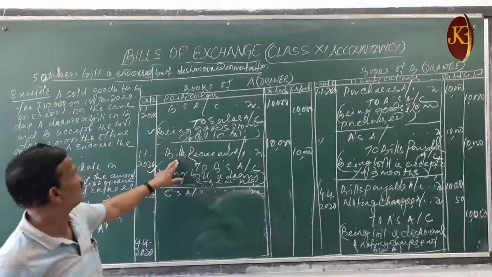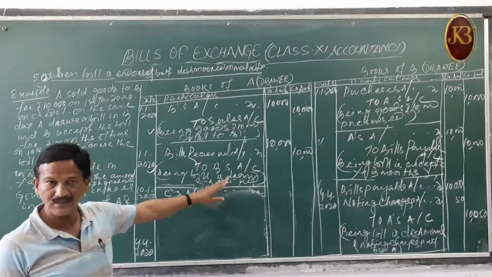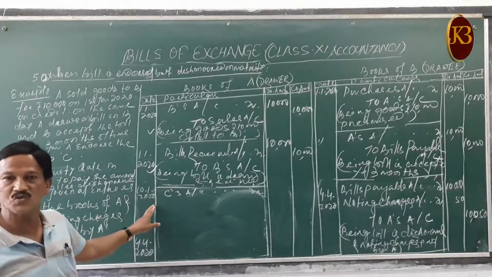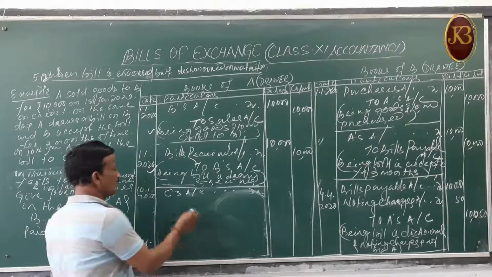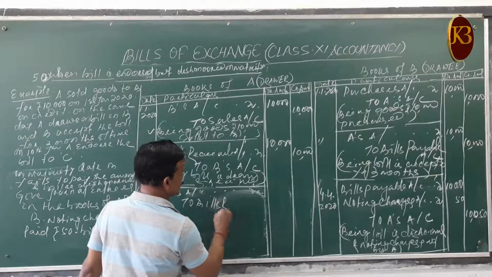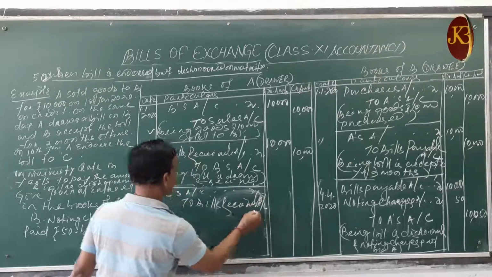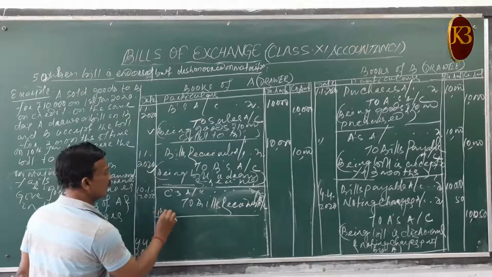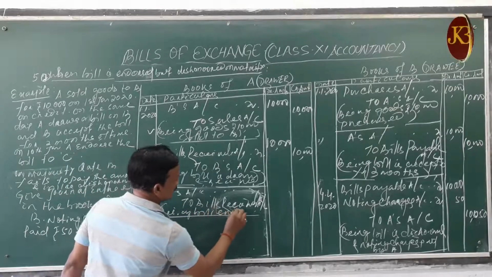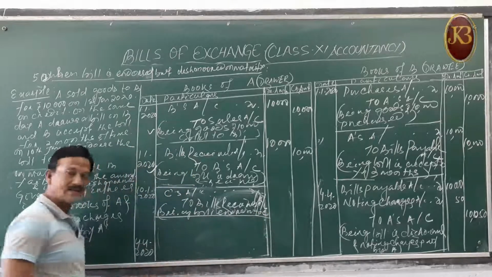Then the second entry, the bill is received, so bills receivable account is debited to B's account. Then on 10th January, the bill is endorsed to C, so C's account is debited to bills receivable account. So this is the third entry to be done because the bill is endorsed to C.